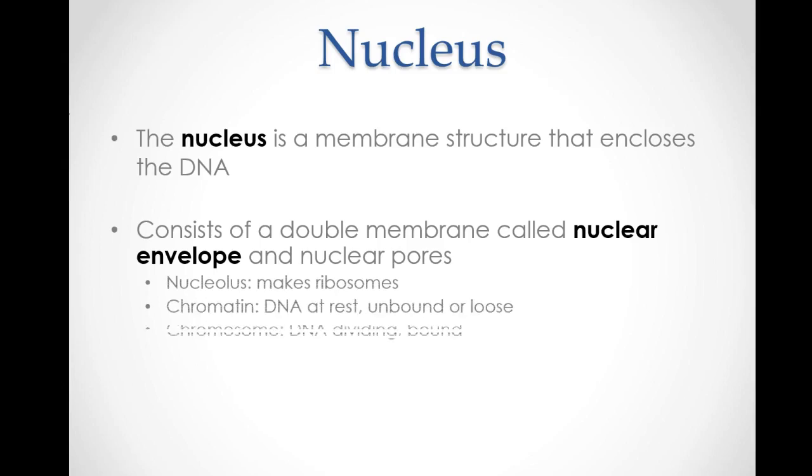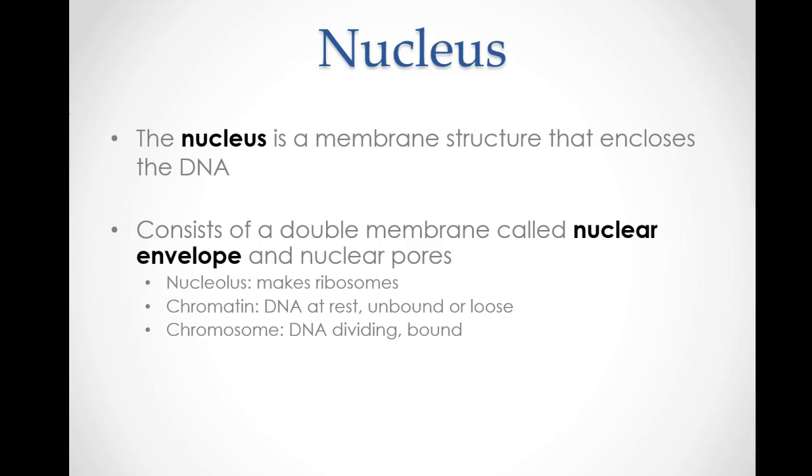So the nucleus contains different pieces. Inside is a small structure called the nucleolus, which is actually responsible for making something called ribosomes, which I'll talk about in a few minutes. And then you have the DNA itself. DNA can come in two forms, a loose, messy form called chromatin, and a tightly condensed form called chromosomes.